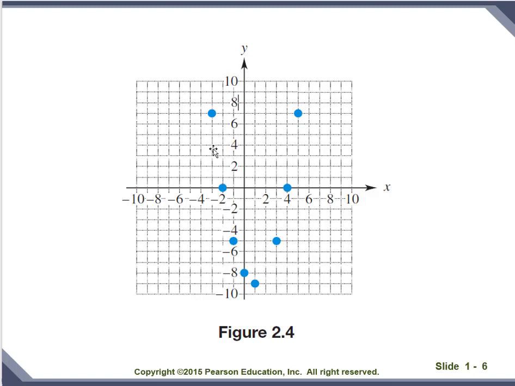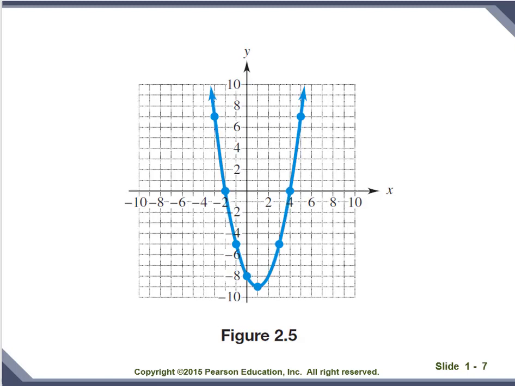You need at least 3. Here it's a little trickier because you want to make sure you have enough points that you recognize it's a parabola. You should recognize it's a parabola when you see that something is being squared, but you need more points when you're graphing a parabola, typically. So here's the points plotted, and then here is a smooth curve that is connecting those points.